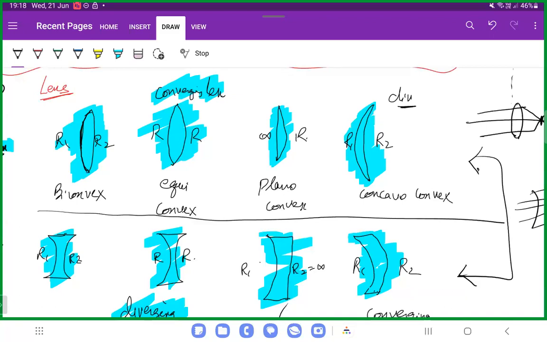If you want to make a note, you can make a note of it. Done? Okay.